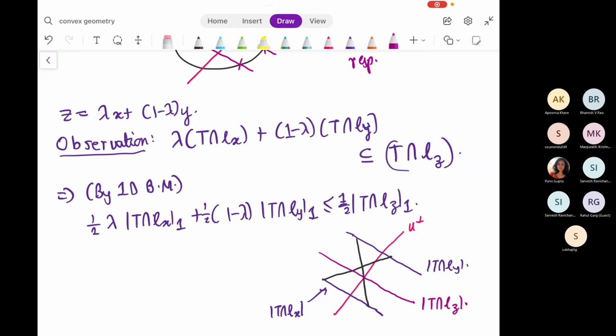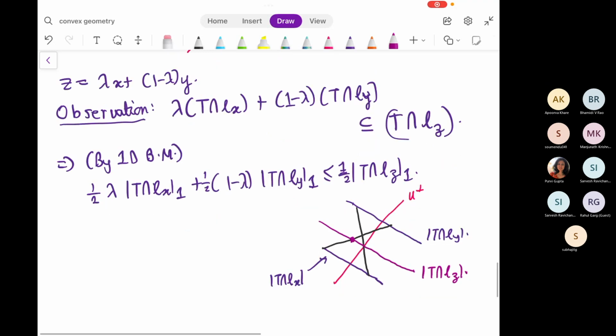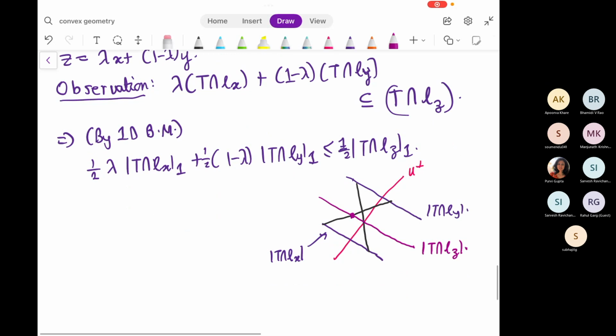So you see this point that is here, that point is lambda times the point in Lx plus 1 minus lambda times the point in Ly, the point that I have highlighted in big pink. That will be part of the symmetrization because the length of T intersection Lz is large enough to accommodate it. And because of that, we're actually done.